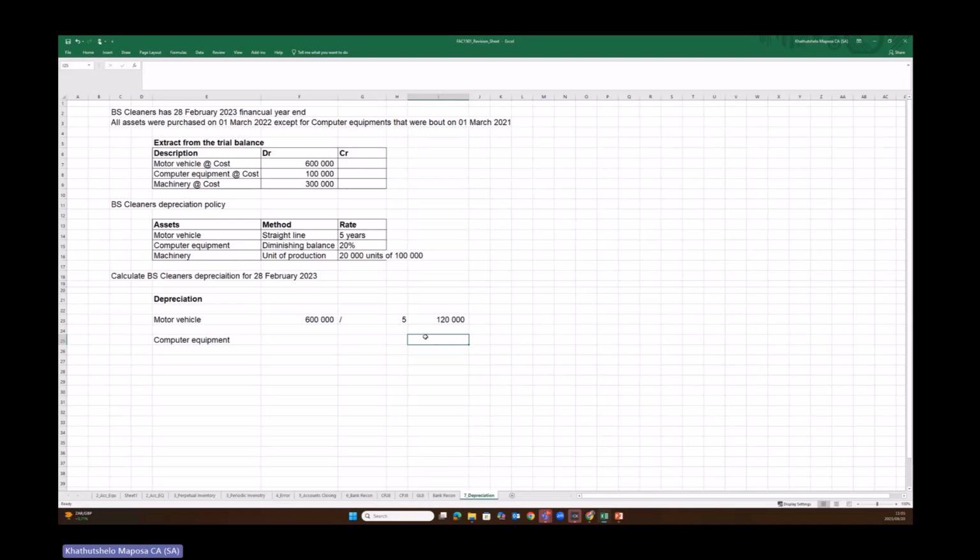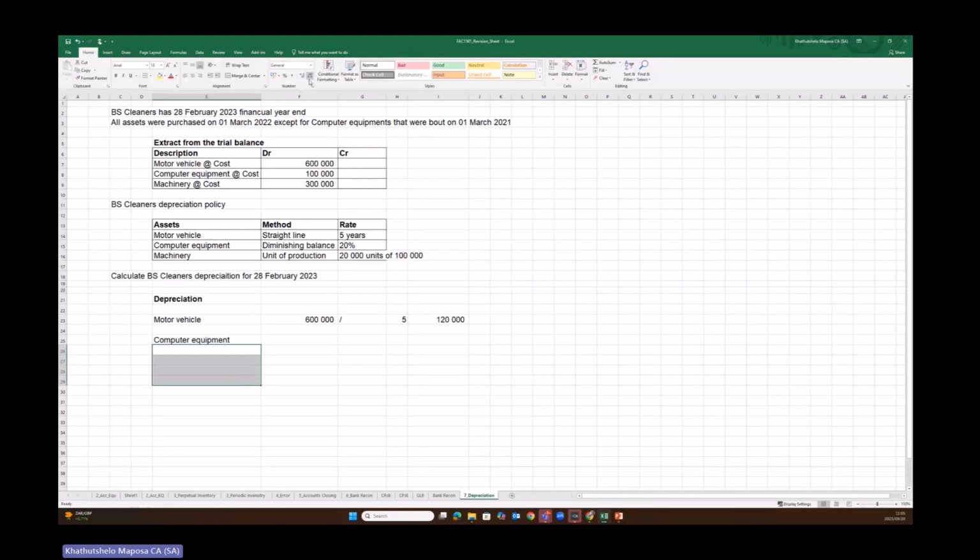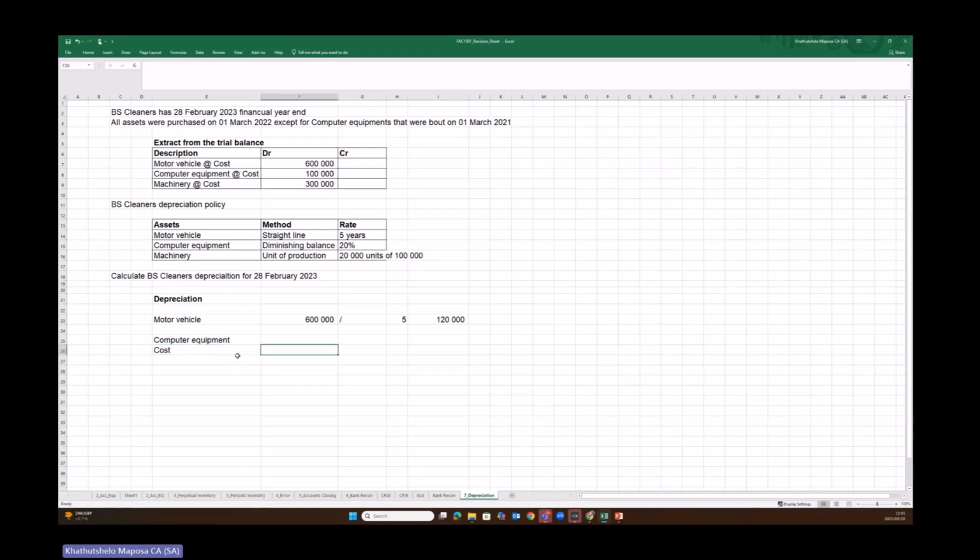We start by saying 100,000 multiplied by 20% gives us 20,000. The opening carrying amount is 100,000, we minus that 20,000 because it is the reducing balance method, and it gives us 80,000 for the first year, for example.